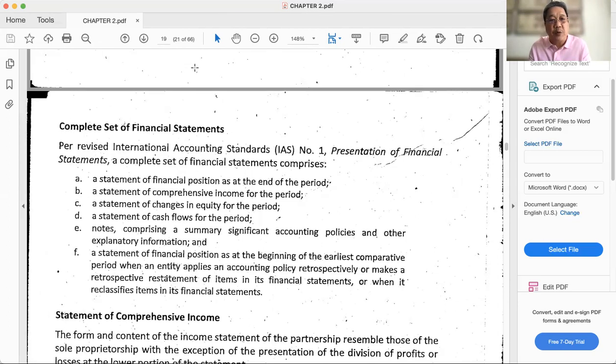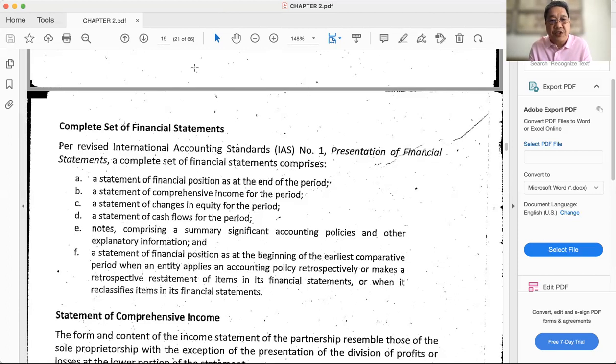Statement of changes in equity, statement of cash flow, and of course, ang mga financial statements na yan ay may kanya-kanyang notes o explanation, lalo na yung malalaki o material na items na dapat magkaroon ng konting explanation at kung anong ginamit na palisiya sa pag-accounting ng mga yan.